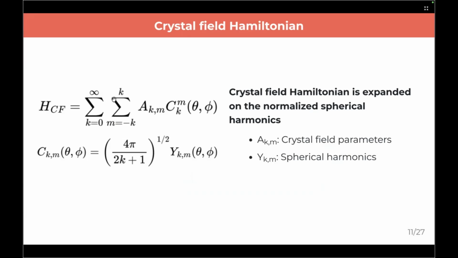That is why we can write the crystal field Hamiltonian as a linear combination of coefficients times functions with certain symmetries. So the Hamiltonian is not determined, but at least the local symmetry plays a very important role in describing the crystal field Hamiltonian.